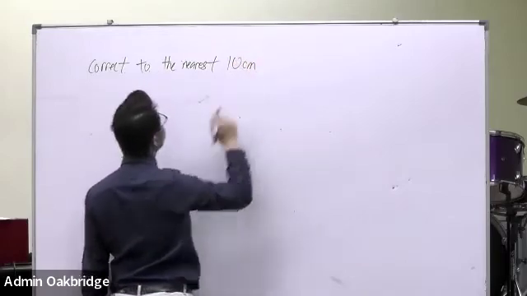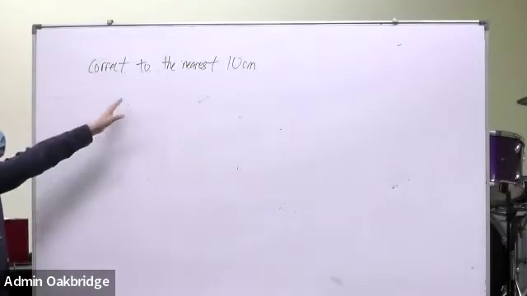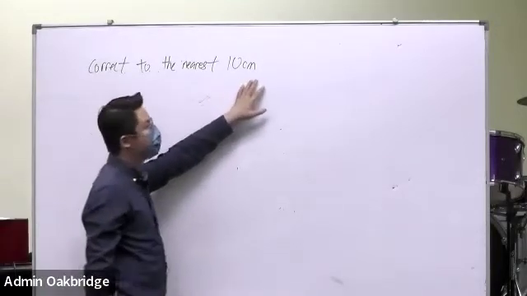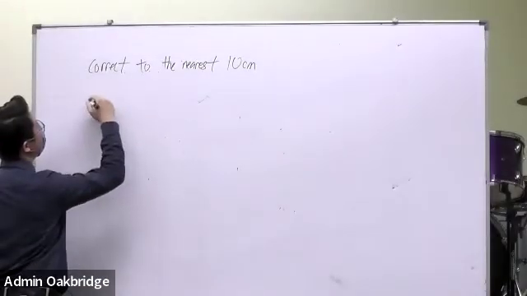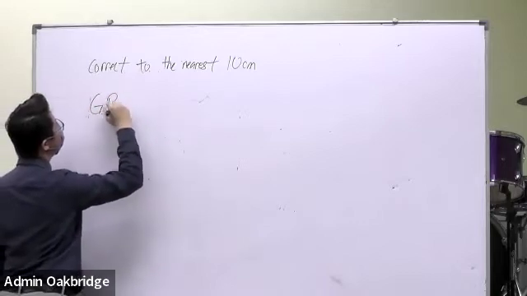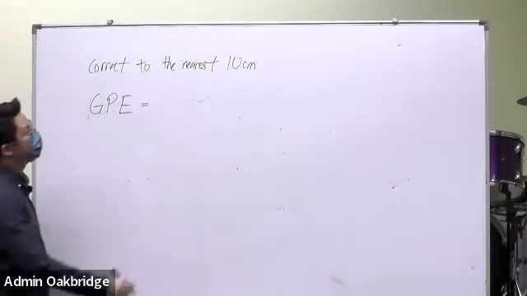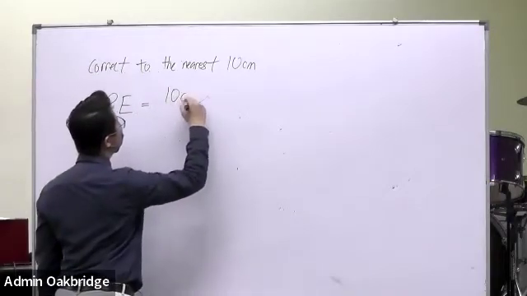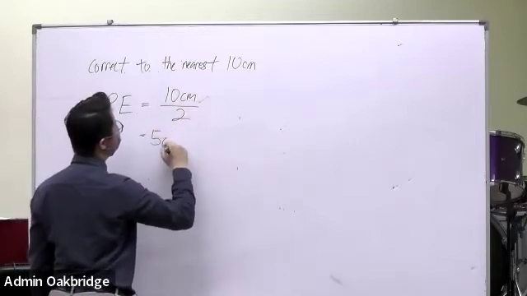The degree of accuracy here is 10 cm. Then to get the GPE, greatest possible error, you take the 10 cm divided by 2. What you get here is 5 cm.